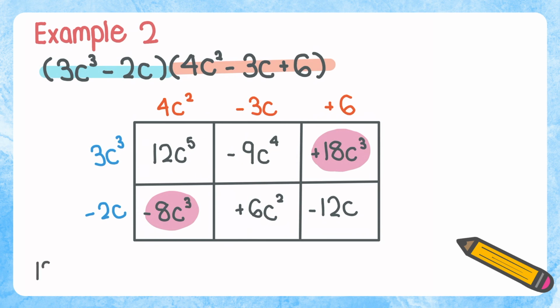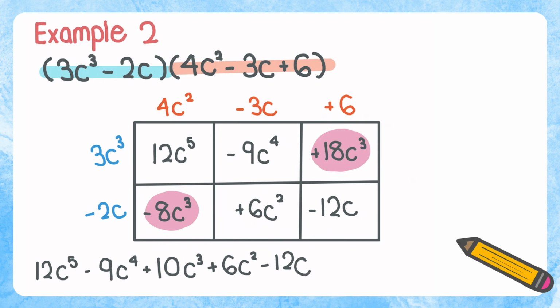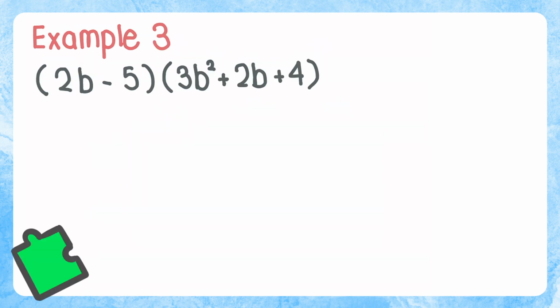We have 12c to the 5th power minus 9c to the 4th power plus 10c to the 3rd power, or cubed, plus 6c squared minus 12c. So using this area model kind of helps you neatly organize what you're multiplying out into these like tiny boxes. Okay, so go ahead, try this last example on Edpuzzle where you're doing a binomial times a trinomial.